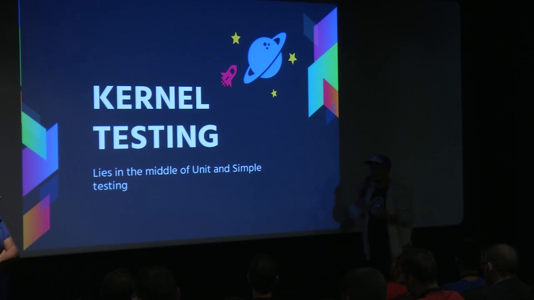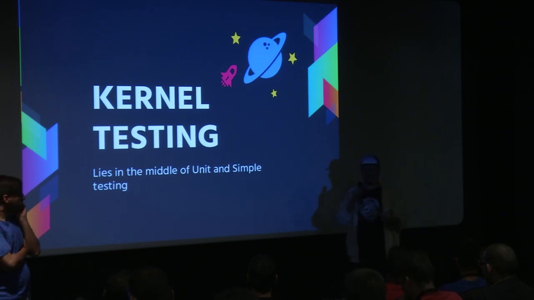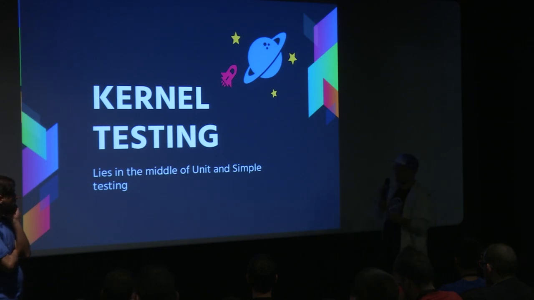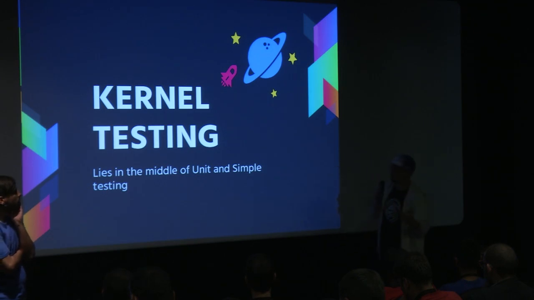The difference between kernel testing and the old simple test is that in kernel testing you can install modules and you can install your configuration objects, but you don't have access to the database. So you don't really create a database. It's not as fast as unit tests, but it's fast enough compared to simple test.